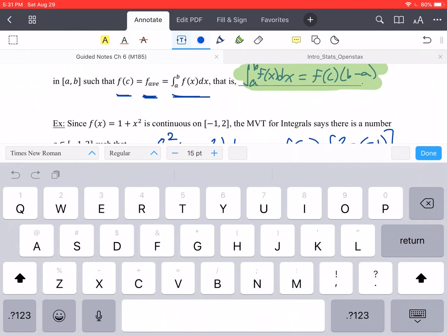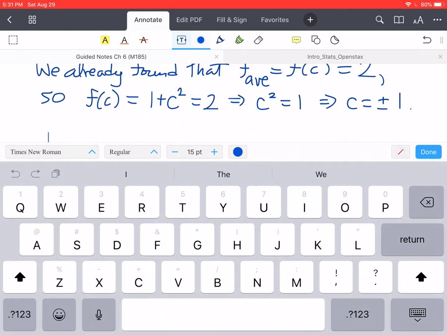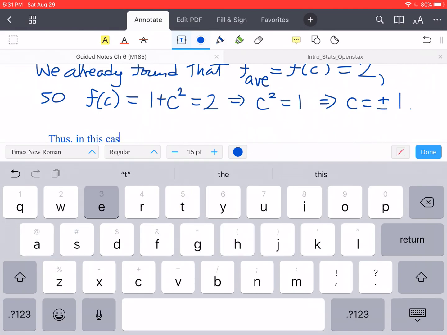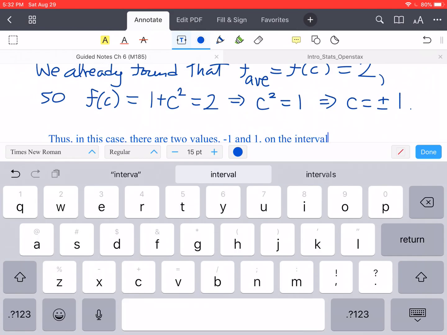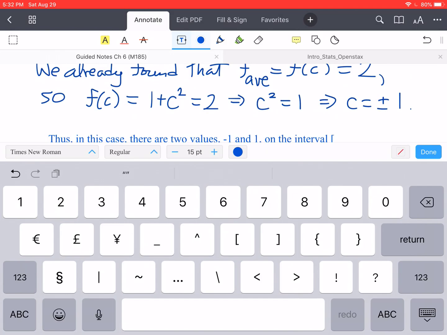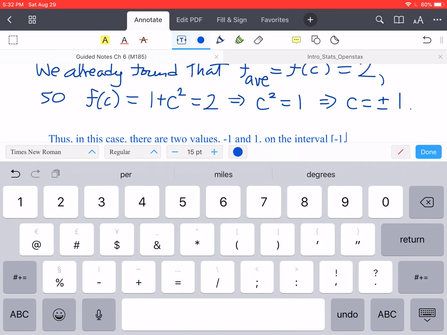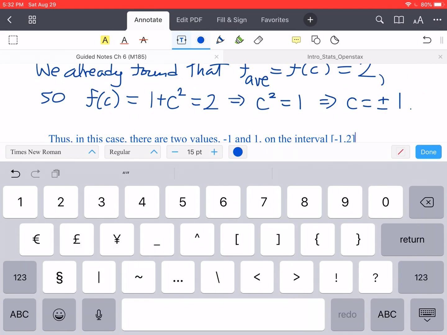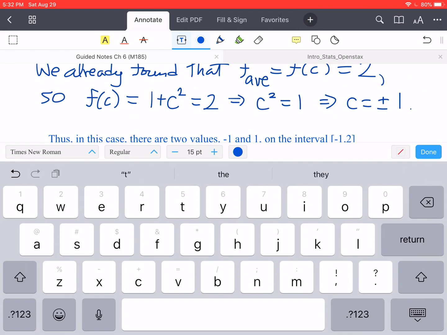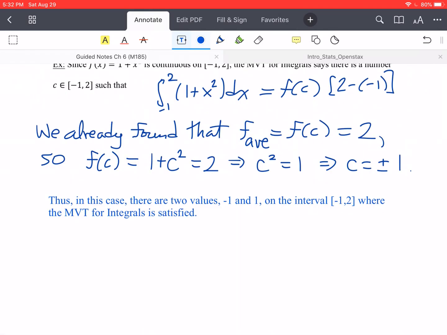So we can go ahead and start making our conclusion here. Thus, in this case, there are two values, -1 and 1, on the interval -1 to 2, where the MVT for integrals is satisfied.